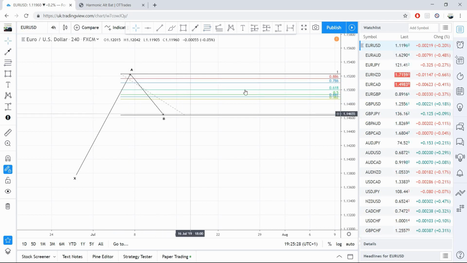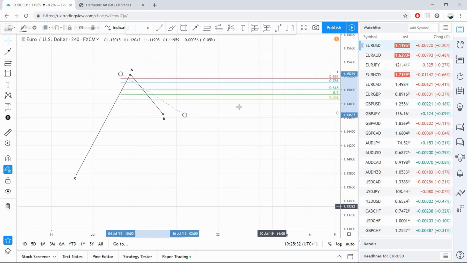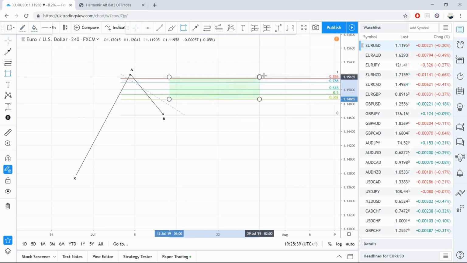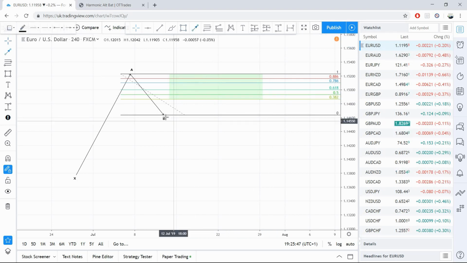Let's remove that 44.1. Okay, so price now has to fall within this range here. So quite a broad range of fib levels that it can fall between. So price has to hit a minimum of 382.